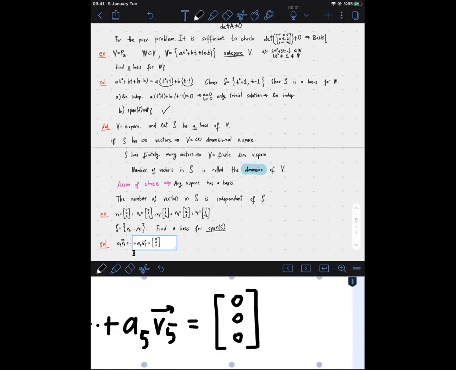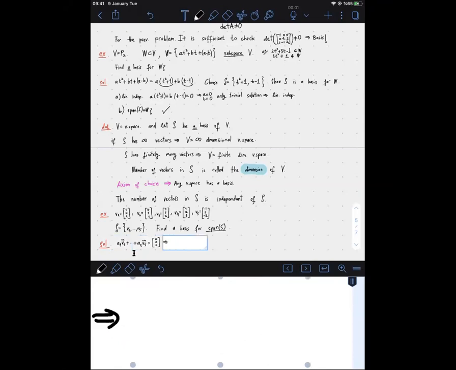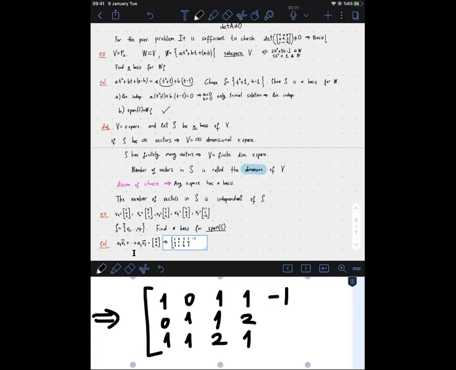This will give us a matrix equation, with the columns being the vectors, including the 4th vector and the 5th vector. So this times a1, a2, through a5 equals 0, 0, 0.